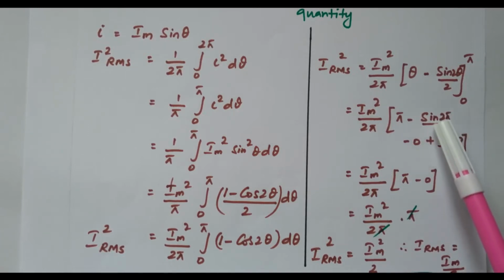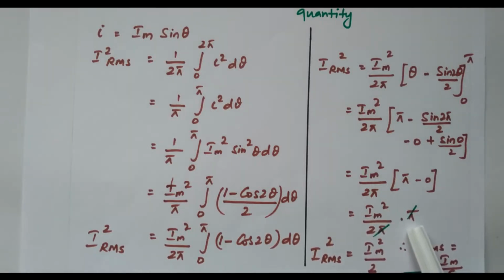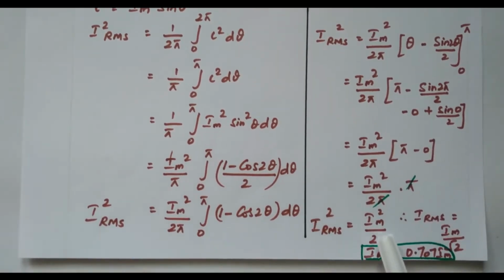The sin pi is 0, sin 0 is also 0. Only we have pi. So Im square divided by 2 pi, pi minus 0. That is Im square divided by 2, only pi is available. This pi got cancelled. Right. So what we have is Im square divided by 2.